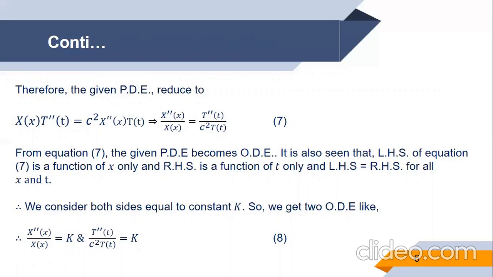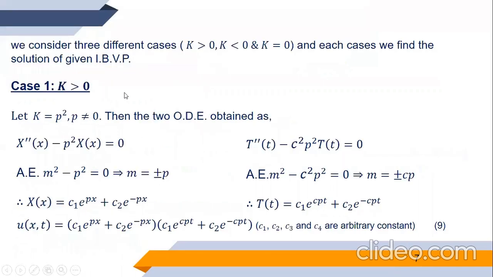So we consider both sides equal to the constant k. So we get two ODEs, ordinary differential equations, X double dash upon X is equal to k and T double dash upon c square T is also equal to k. Now both ODEs are second order, so we consider different cases of the value of k. First we consider k greater than 0.